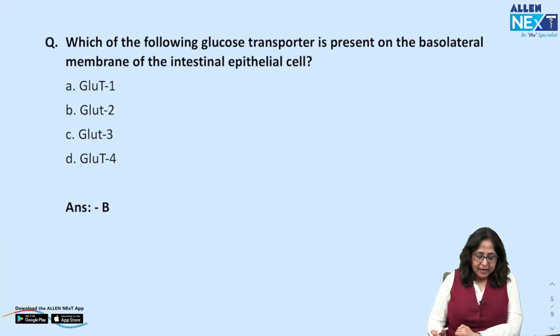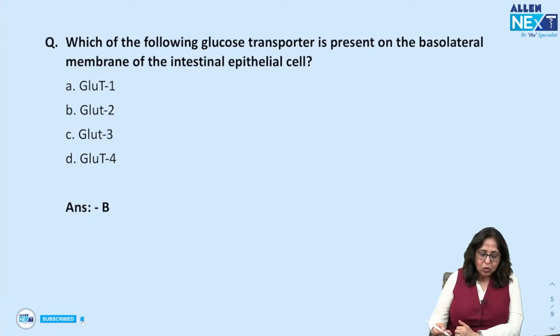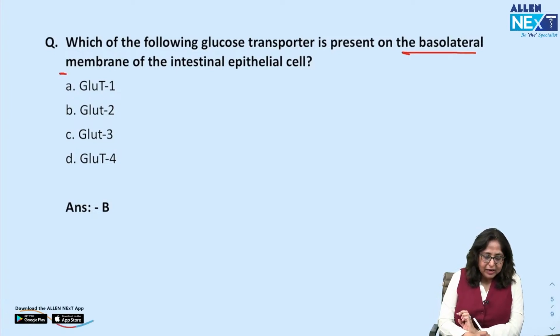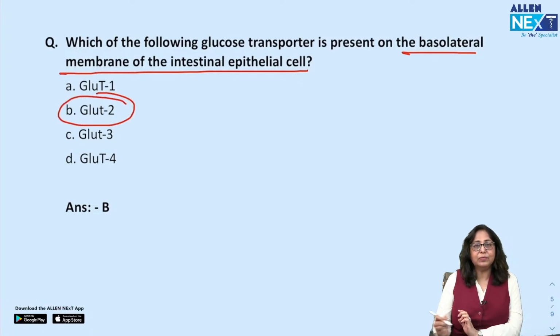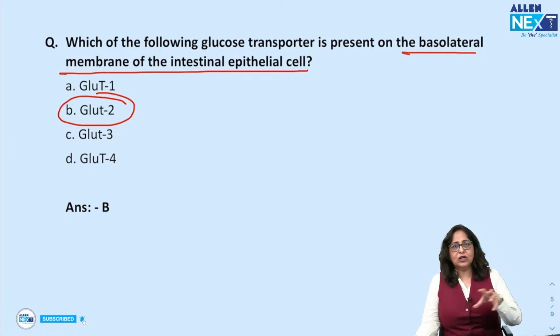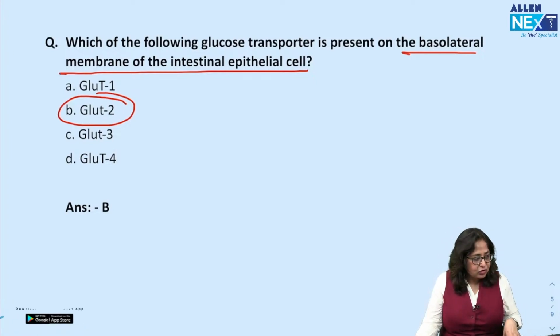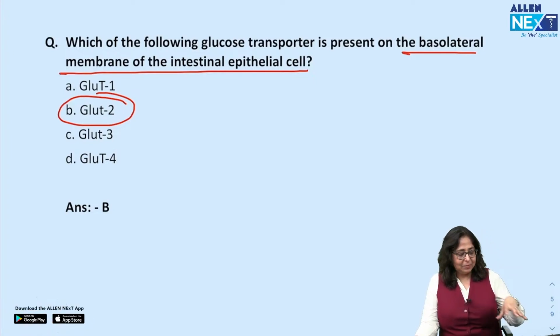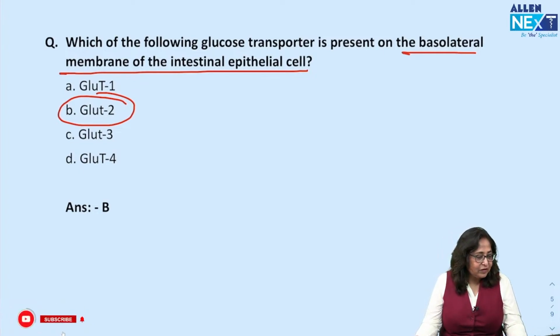Now, there is another version of this question. It says, which of the following glucose transporter is present on the basolateral membrane of the intestinal epithelial cell? In that case, it's very simple and straightforward. The answer is GLUT2. So there are two versions of this question. I'm not sure which is the one which has been asked because two sets of people have given these two different questions.